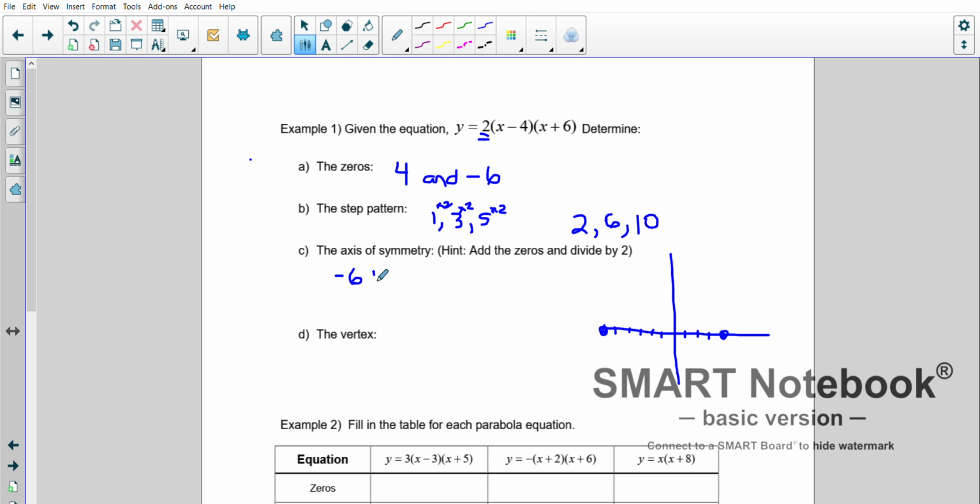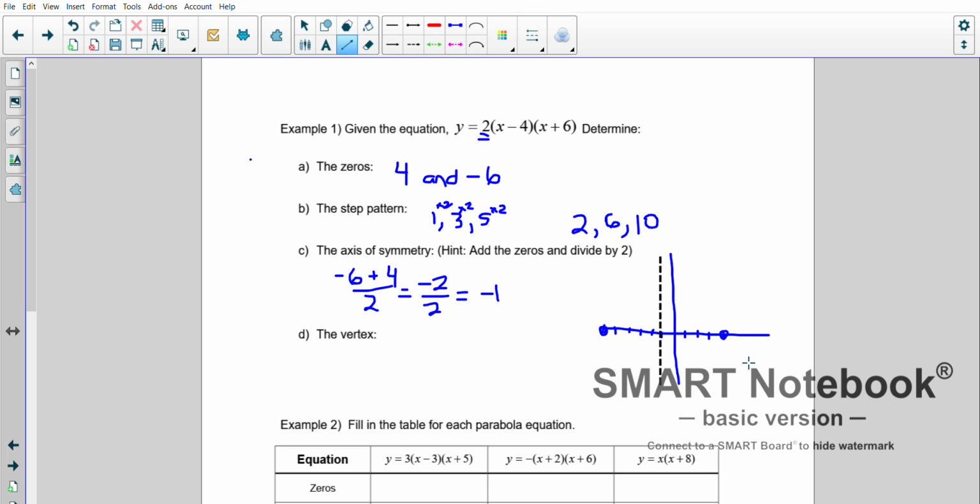So negative 6 plus 4. I'm going to add the zeros and divide by 2. So I get negative 2 over 2, negative 1. So I know again, and it's just coincidence, but the axis of symmetry, the middle value, is right here.